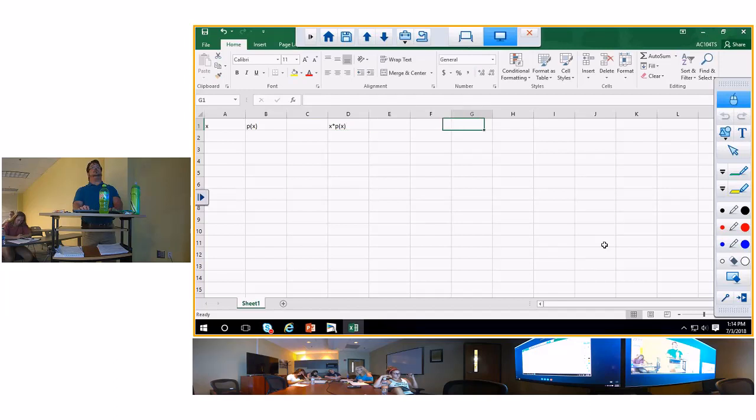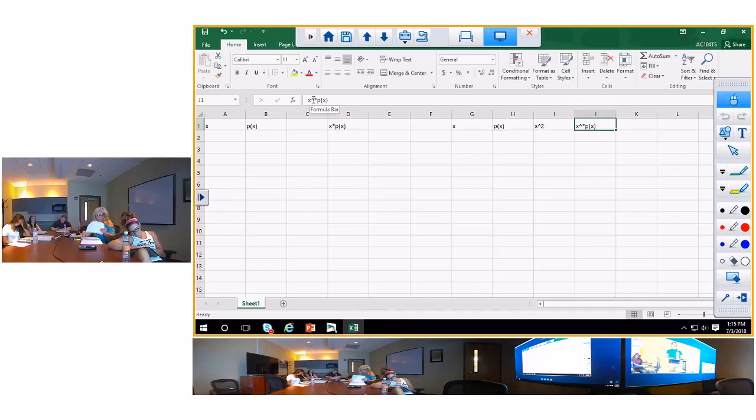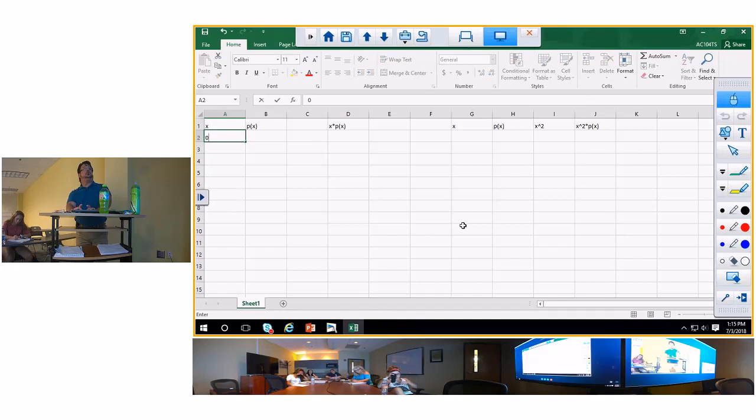Then I'm going to rewrite x and p of x, then put x squared, and then x squared times p of x. What does it go from? 0 to 5: 0, 1, 2, 3, 4, 5.